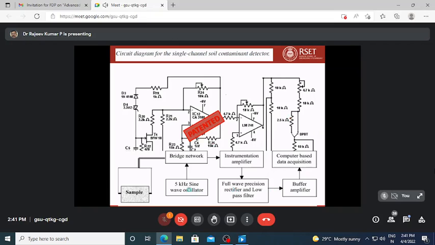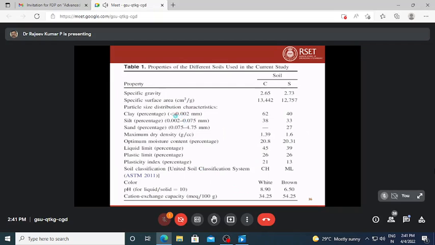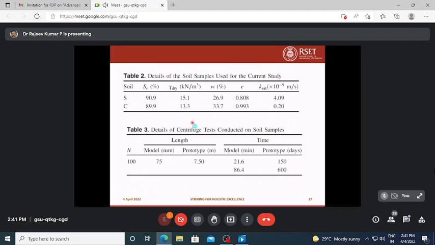Okay, as I already gave you a description of these properties of the soil, here you can see the typical soil samples we used for this purpose.